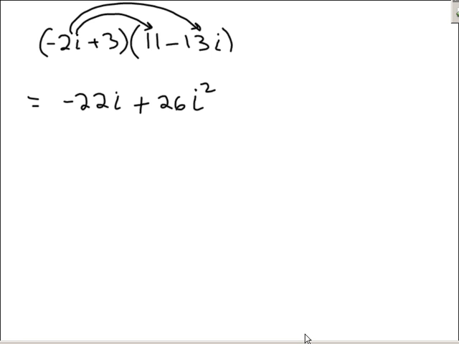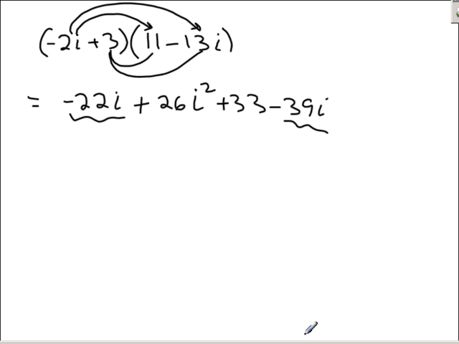I times i, so i squared. Plus 33, minus 39i. So this minus that is going to be minus 61i. And this will be negative 26, because positive 26 times negative 1, i squared is negative 1, is negative 26.